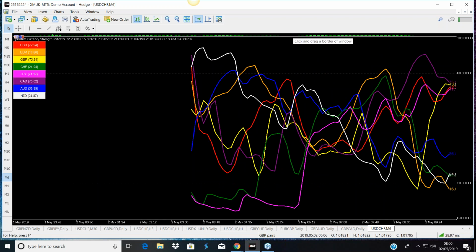Just to round off on what I was saying about the CSI and pairs to look at, in terms of what we're looking at right there on this, we're still on the 12-minute, I think. Sorry, 6-minute we've stepped down to. But if you look at the pound, it's now traveling alongside pretty much the dollar and alongside the yen.